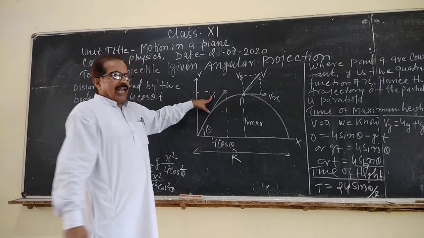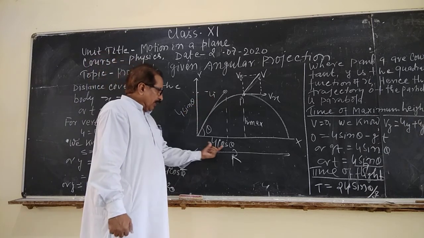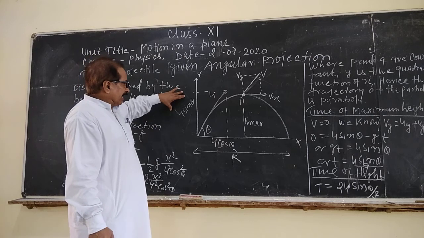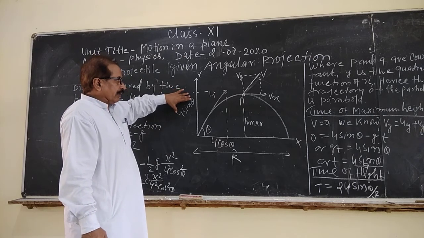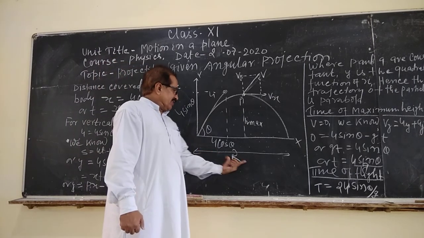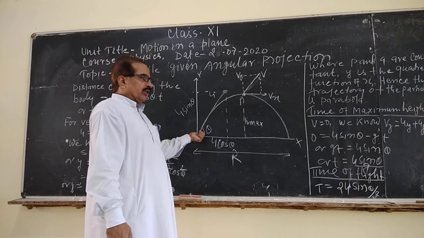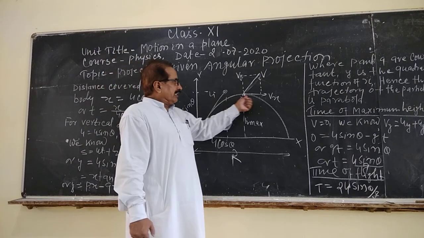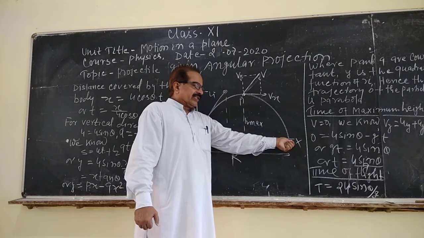So u has two components: in horizontal direction u cos theta, and in vertical direction u sin theta. All of you know this is the horizontal range. This is the initial point of the object, and when we throw it in upward direction it reaches a point P.